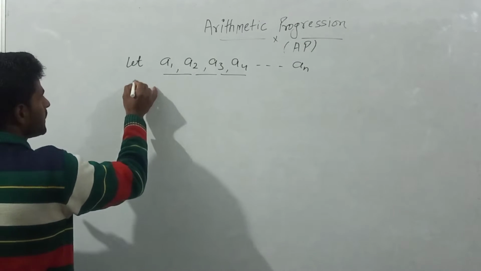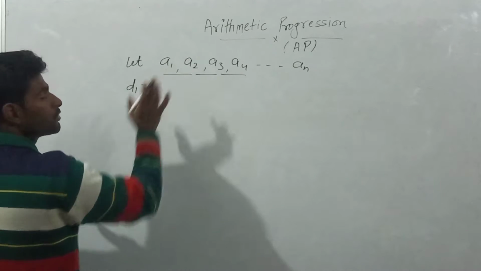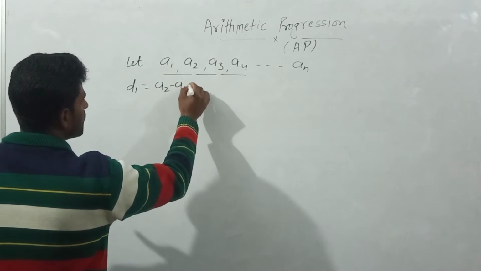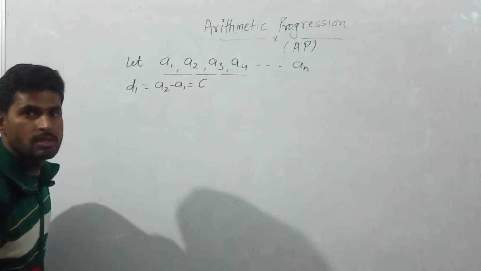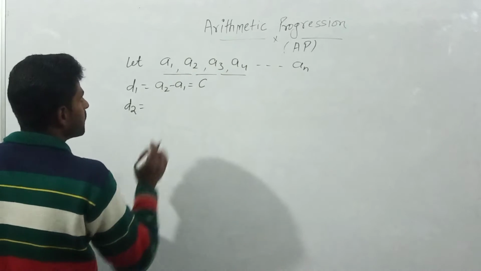So I am taking D1 as the difference between the first two numbers. So A2 minus A1, let's suppose, comes out C. Now D2 is the difference between these two numbers.